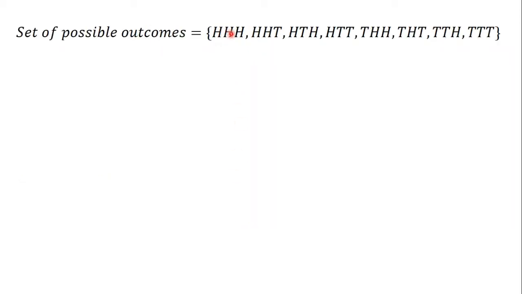Now, when you count the members, they are 1, 2, 3, 4, 5, 6, 7, 8. So after you have tossed a coin thrice, the set of possible outcomes are these, and the number of members in this set is 8. So our sample space is 8.